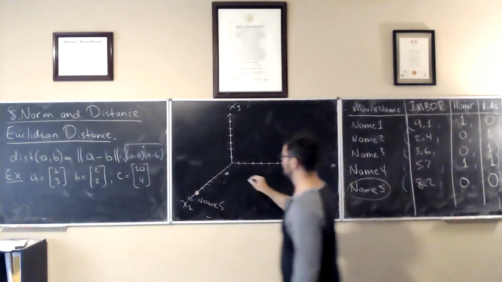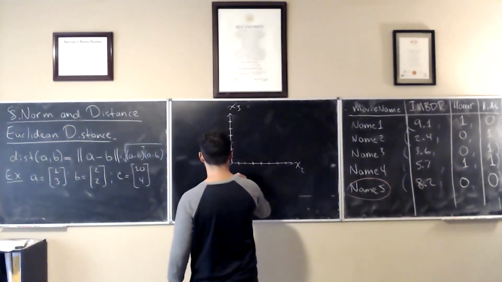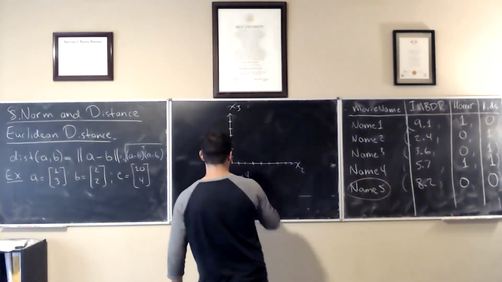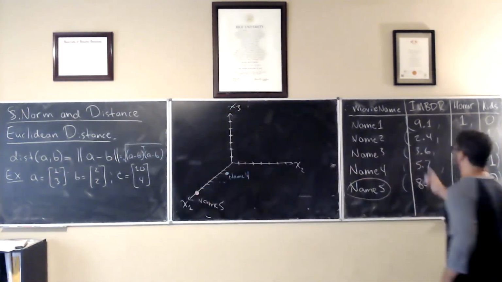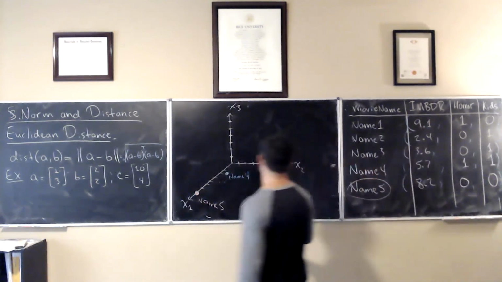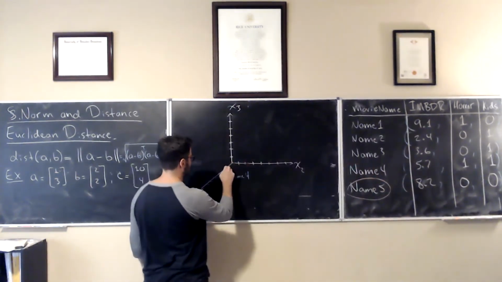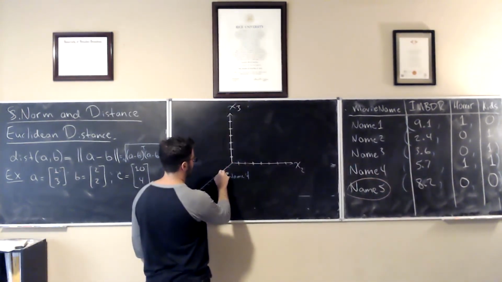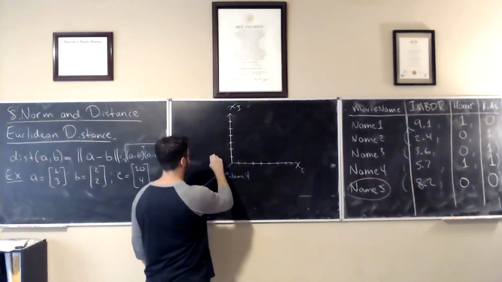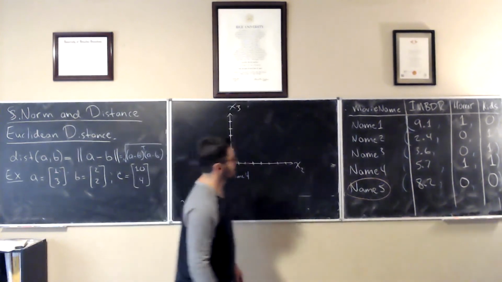So this would be name 4. And then we have name 3, 3.6, and then 0, 1. So 1, 2, 3, 0, and then up 1. This would be name 3.